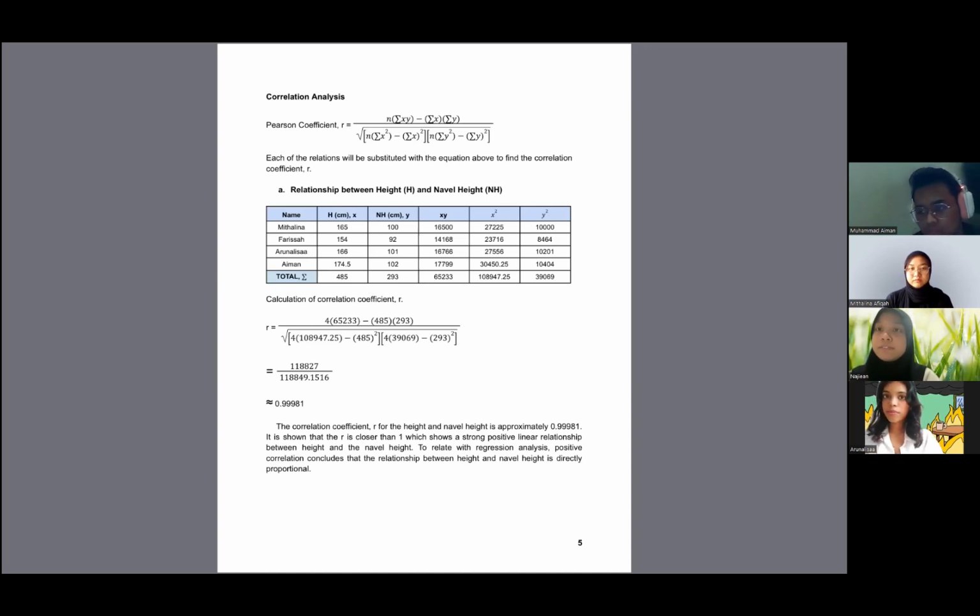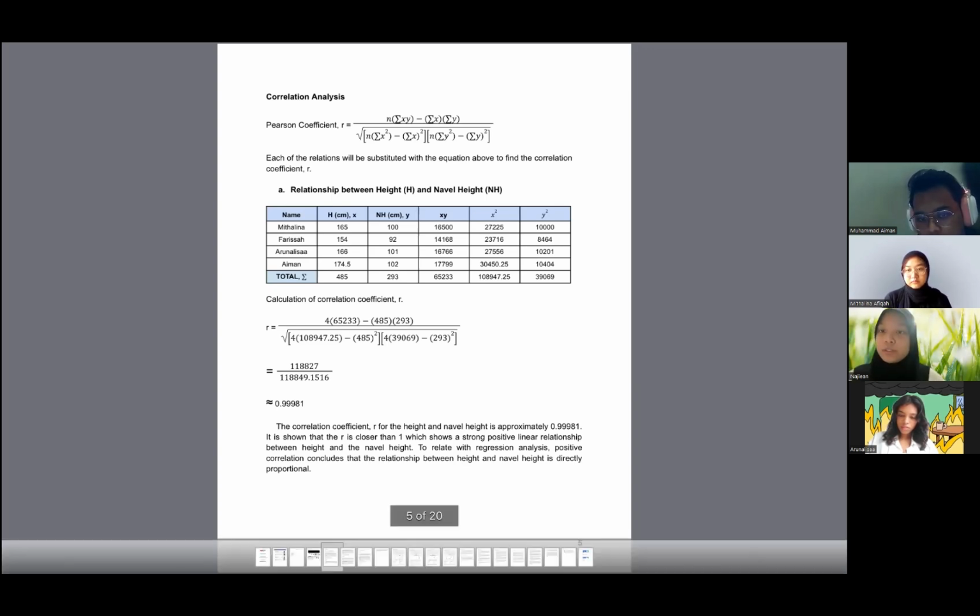As you can see from part A, this is the relationship between height and navel height. We use all the information from the data collection, extract the data, and put it inside the equation. Here we have 0.9981, which is close to 1, showing a strong positive linear relationship between height and navel height.